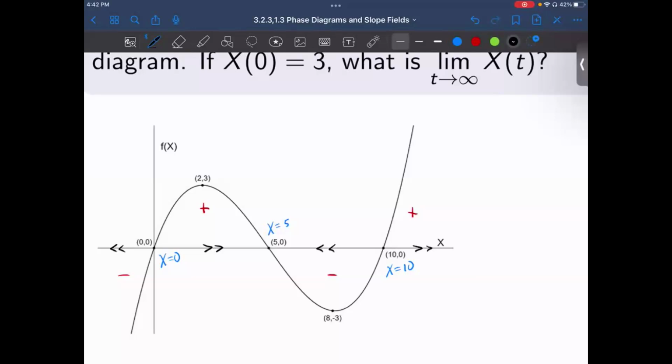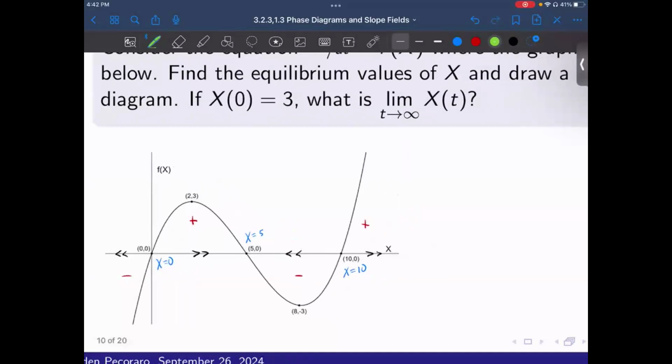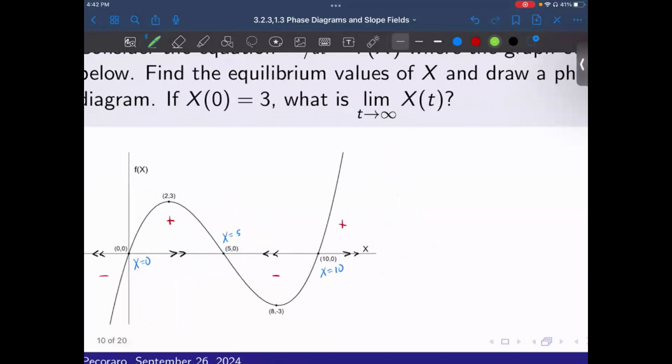So now, given this, we can start classifying our points. So we have, let's call this x0 equal 0. What kind of equilibrium point is this one? You're welcome to type it in chat.